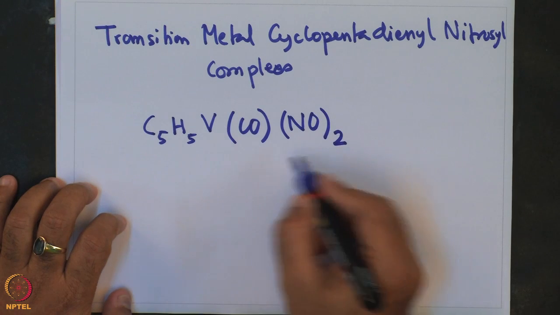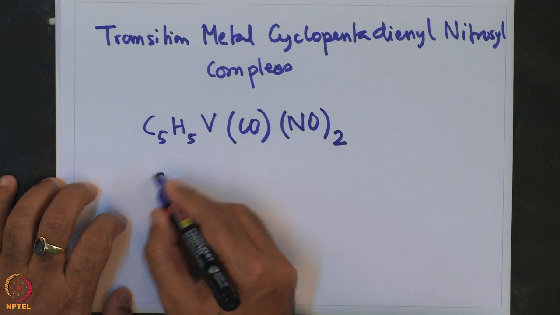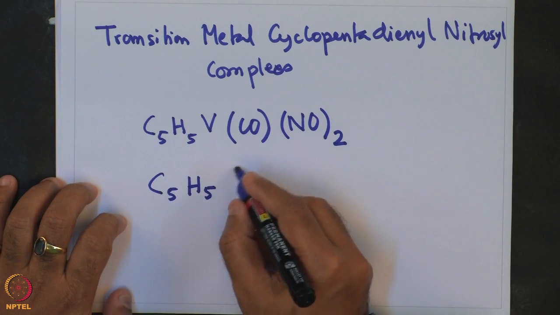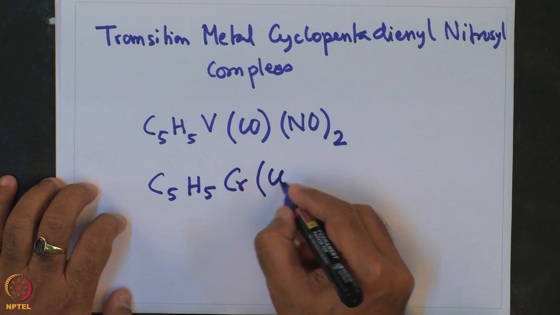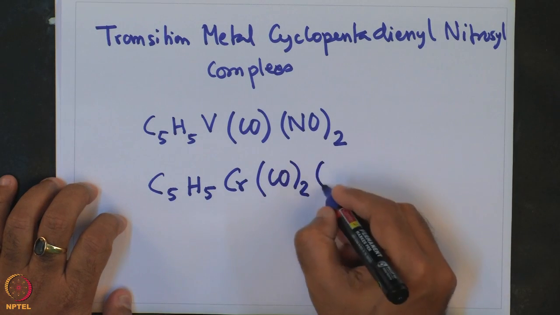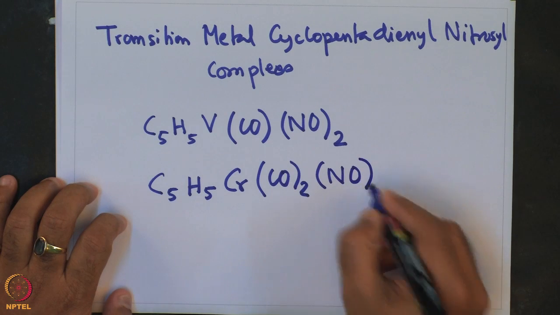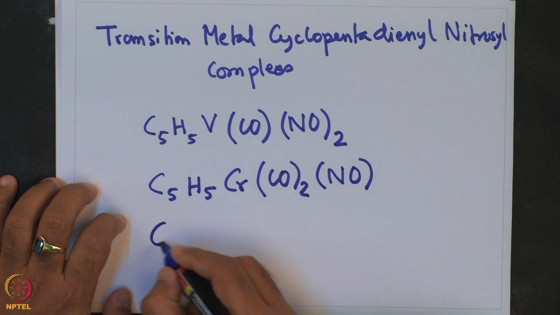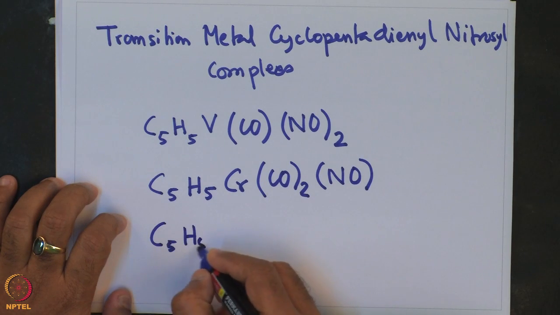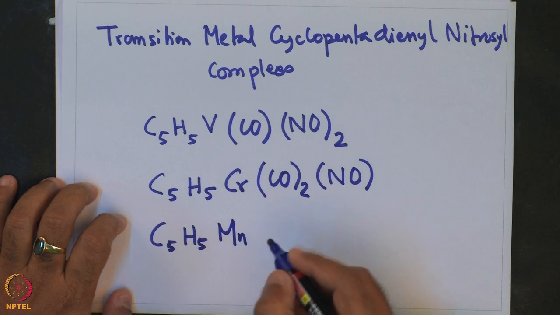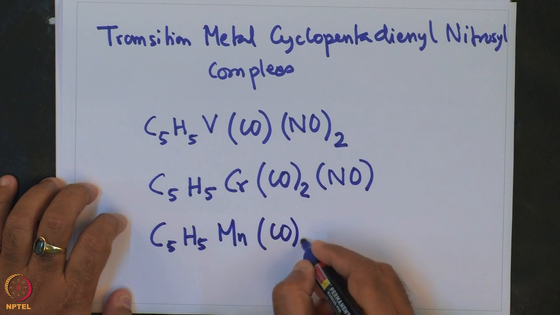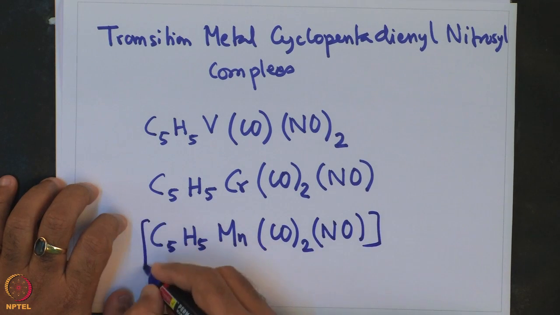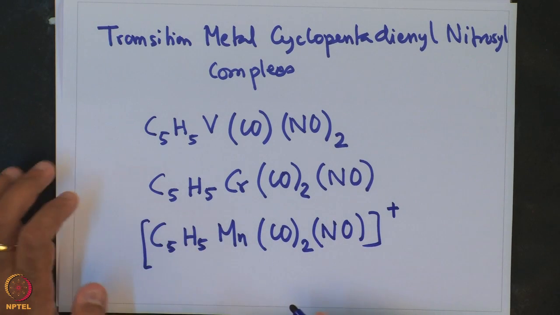Cyclopentadienyl vanadium carbonyl dinitrosyl, or CpCo(NO), or the cationic species.